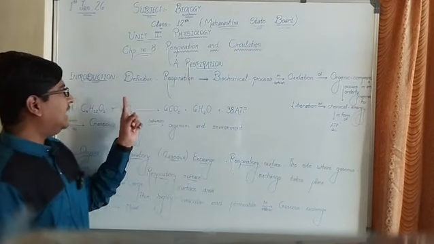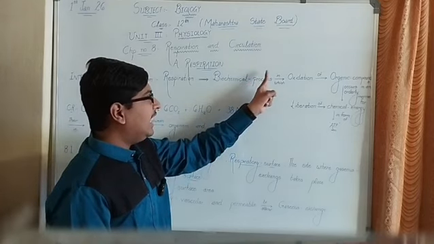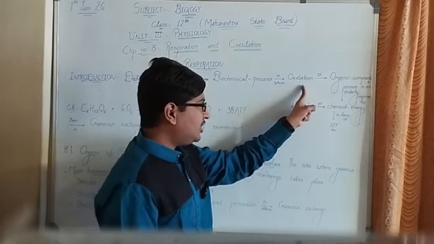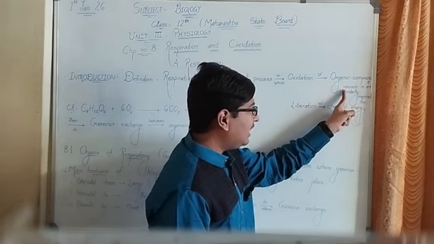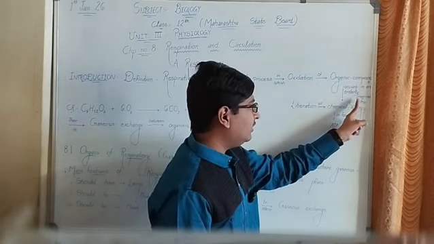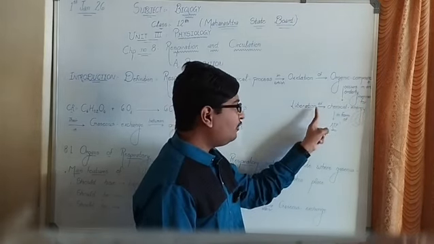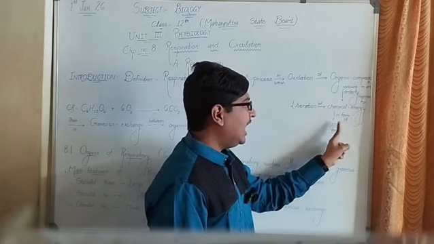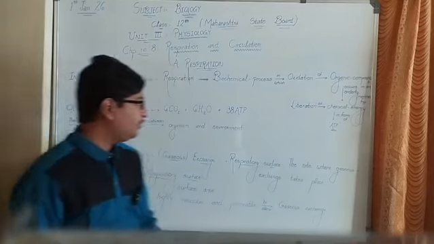I'll repeat once again. Respiration is a biochemical process in which oxidation of organic compounds occurs in an orderly manner for the liberation or release of chemical energy in the form of ATP, that is adenosine triphosphate.